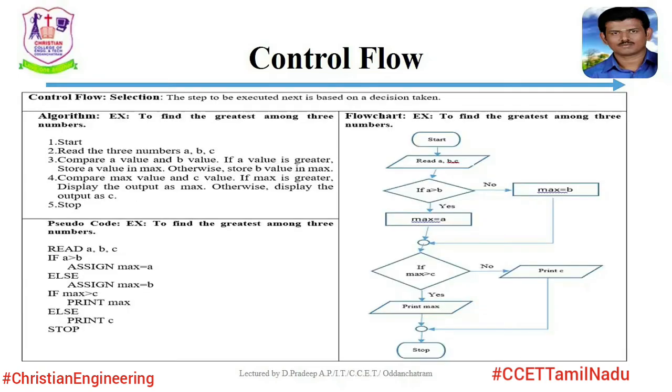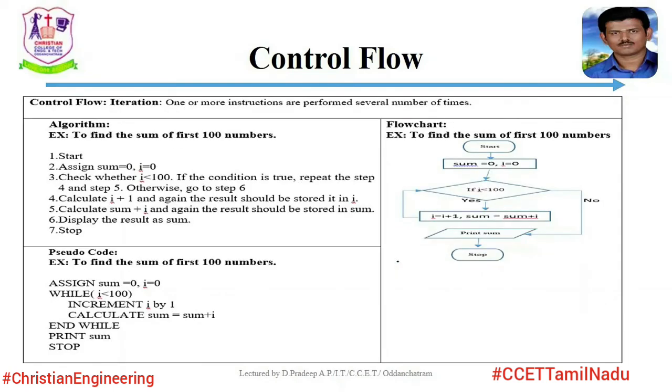Next technique is selection. The step to be executed next is based on the decision taken. If the condition is true, one path is followed for the execution. If the condition is false, another path is followed. Next representation is iteration. One or more instructions are performed several times depending on some conditions.